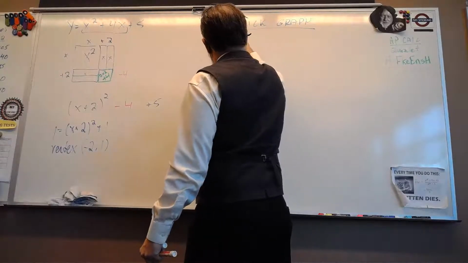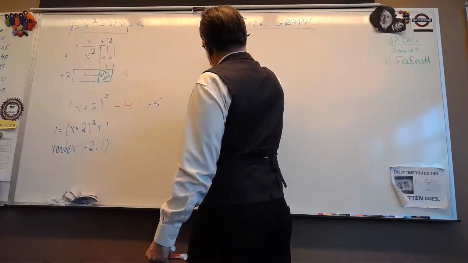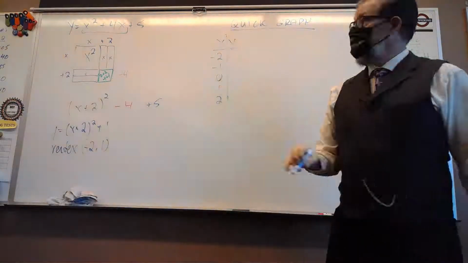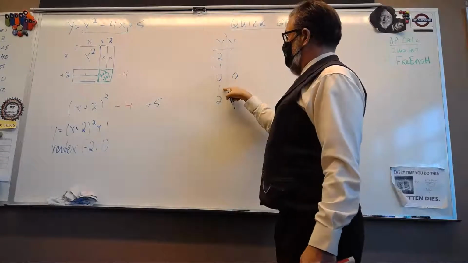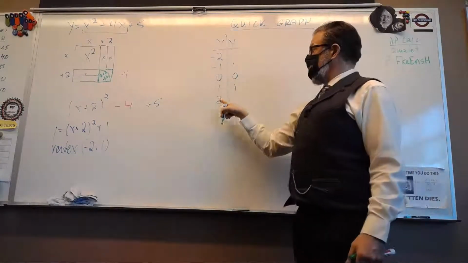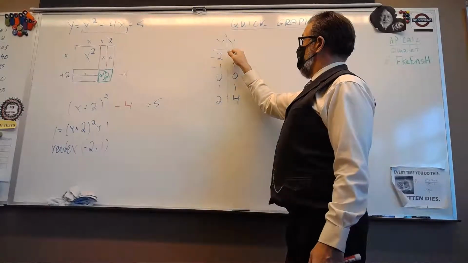When I think about a quadratic, if I make a table, I know that 0 squared is 0, 1 squared is 1, but so is negative 1 squared, 2 squared is 4, but so is negative 2 squared.